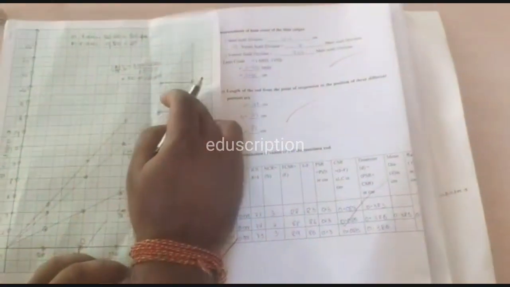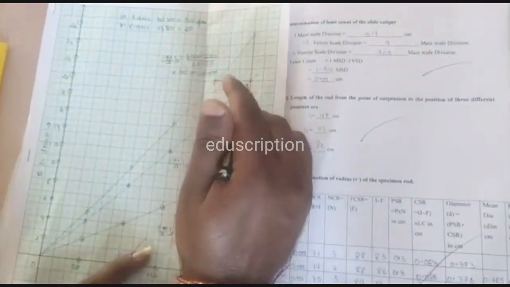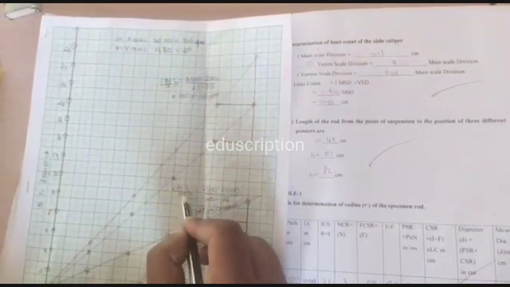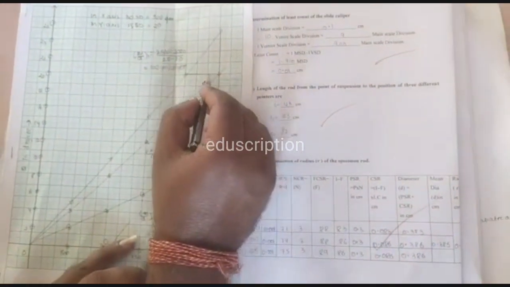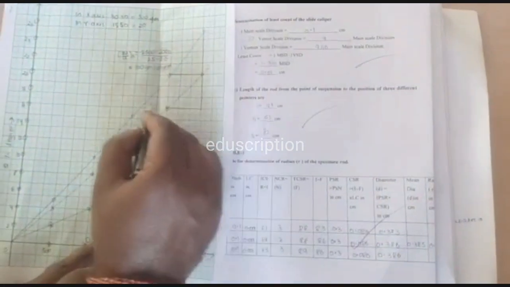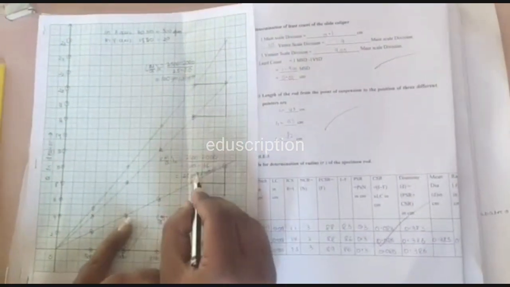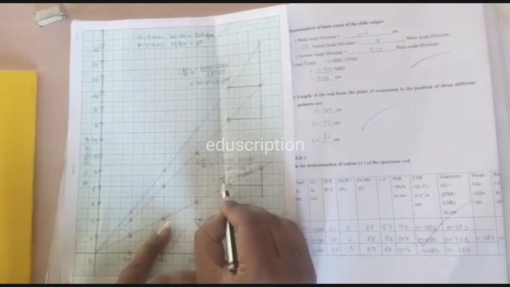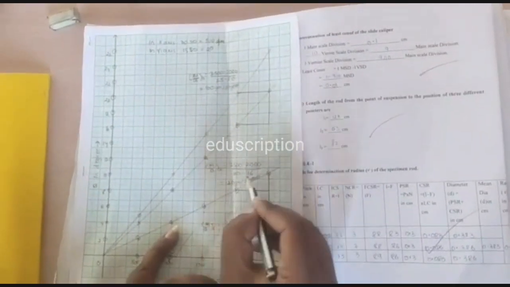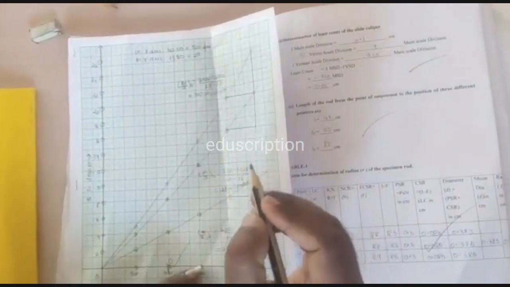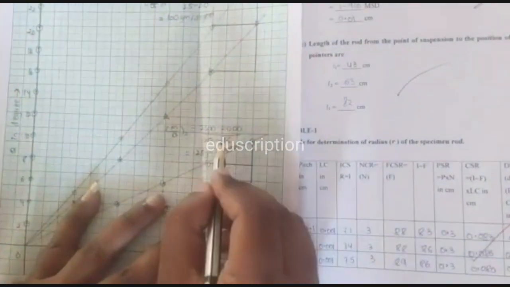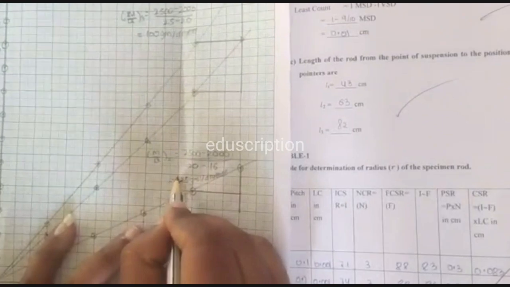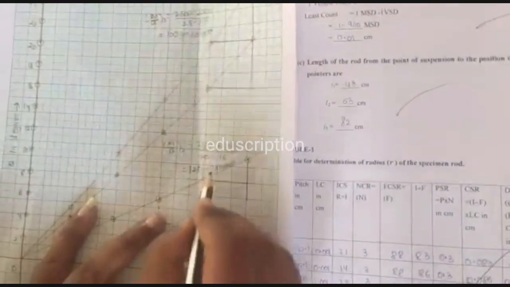Similarly for L2, that is m by theta 2 is 2500 minus 2000 divided by 20 minus 16, that is 500 by 4, that is 125 gram per degree.